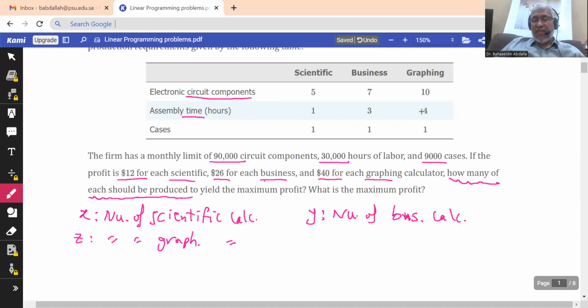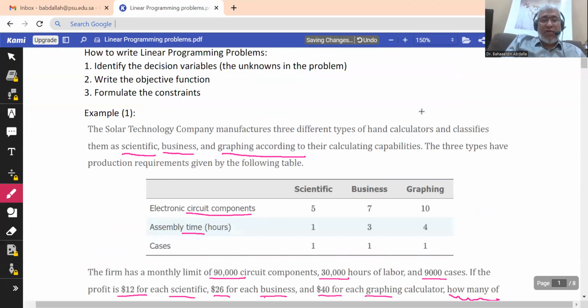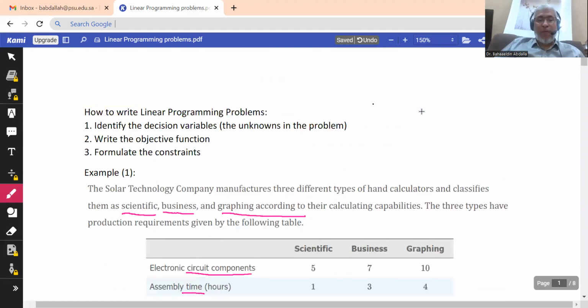So from this sentence, how many of each should be produced? I have X, Y, and Z. X, number of scientific calculators produced. Y, number of business calculators produced. And also Z, number of graphing calculators produced. So I finished the first step. The unknowns in the problem give me X, Y, and Z.